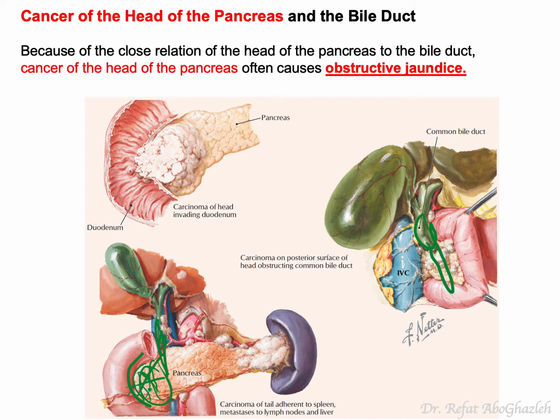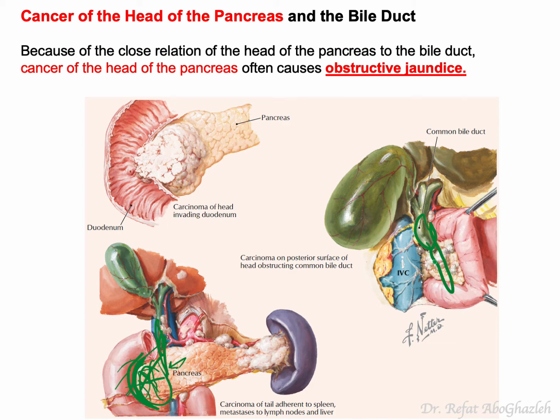So usually a rim of the pancreas is retained along the medial border of the duodenum. Why? In order to preserve the duodenal blood supply.